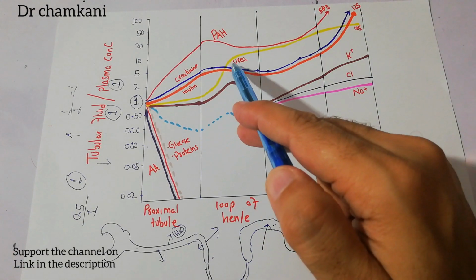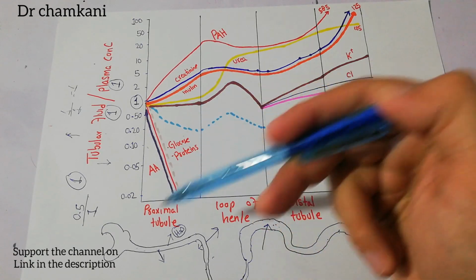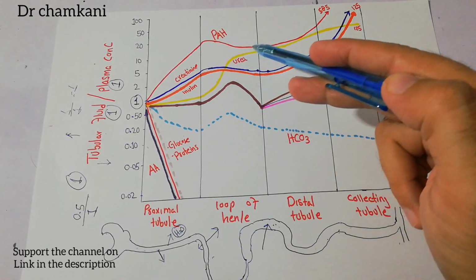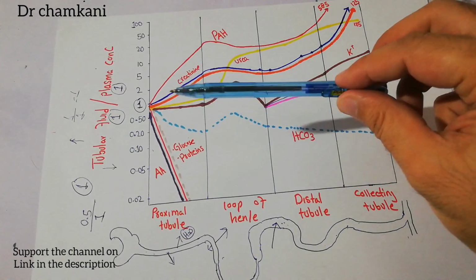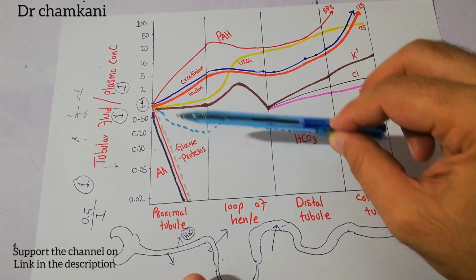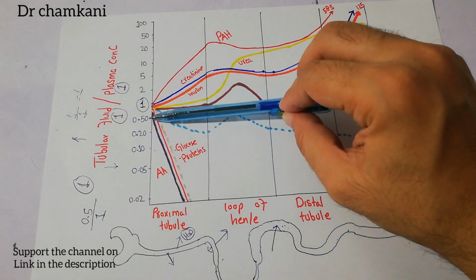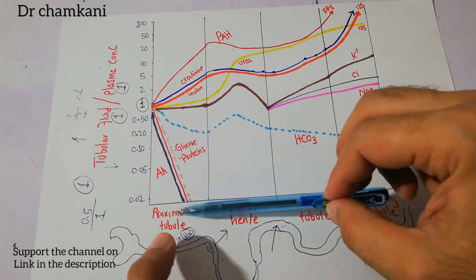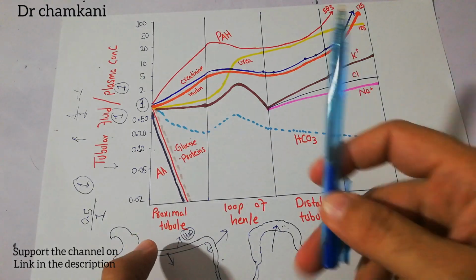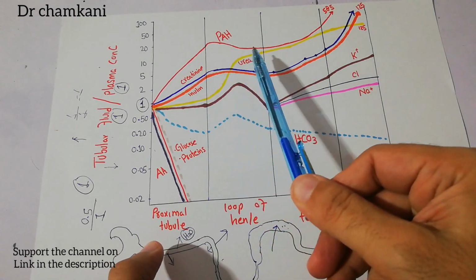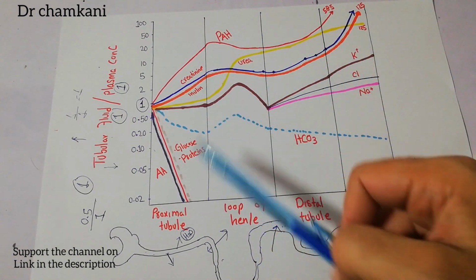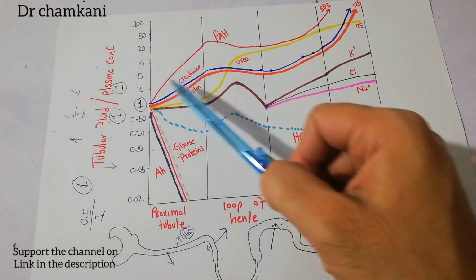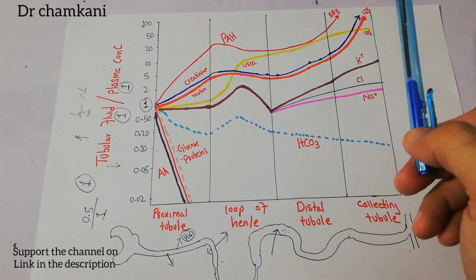For example, the concentration of urea keeps on increasing in the tubular fluid because it is not being reabsorbed more than water. But the concentration of substances like creatinine, urea, and para-aminohippuric acid keeps on increasing because they are not needed by the body.